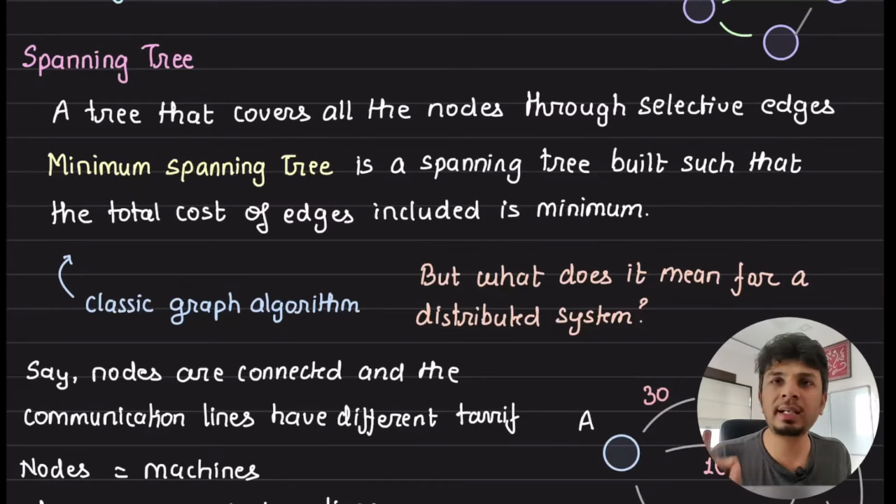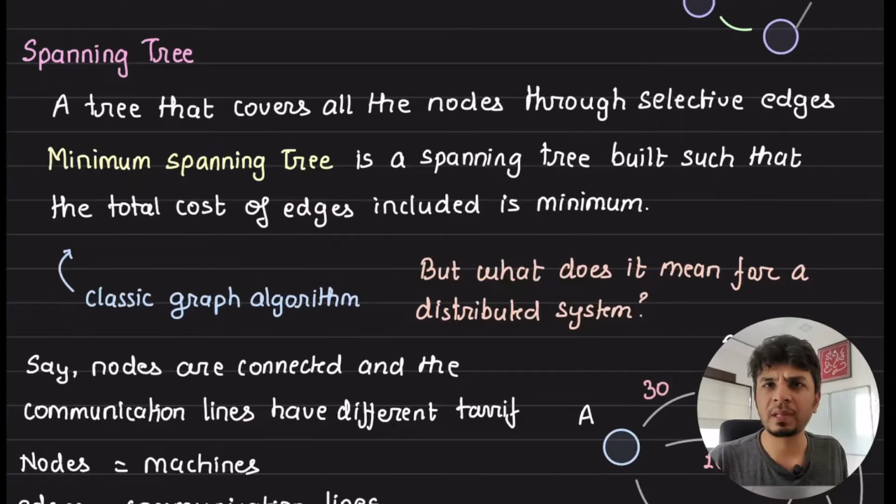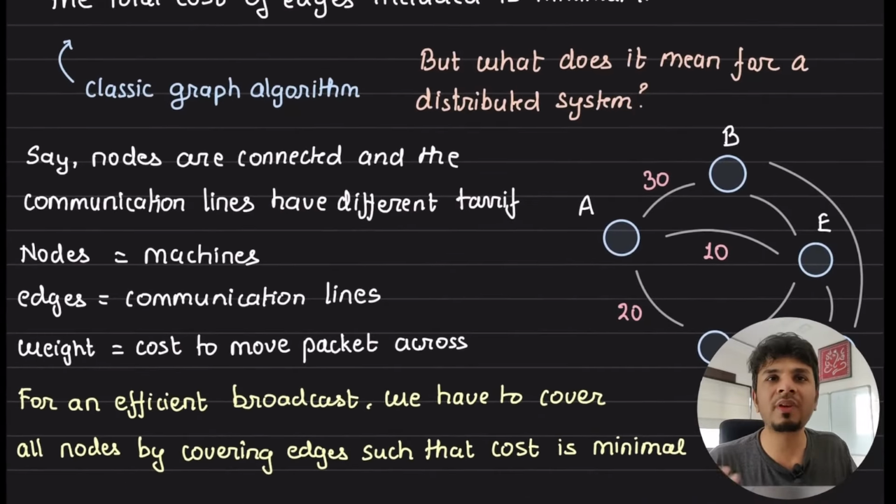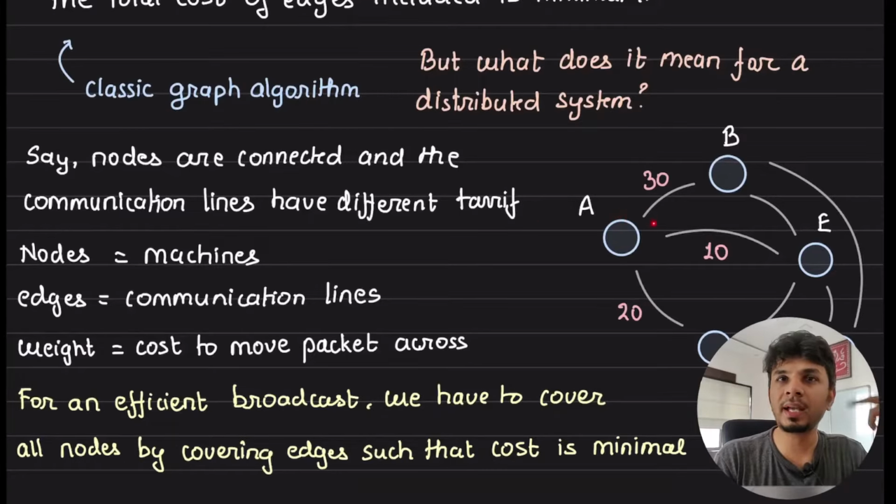This is a classic graph algorithm. But what does this mean for a distributed system? Because why are we even learning that? So let's take an example. In a distributed network, the nodes are connected via communication lines having different tariffs.